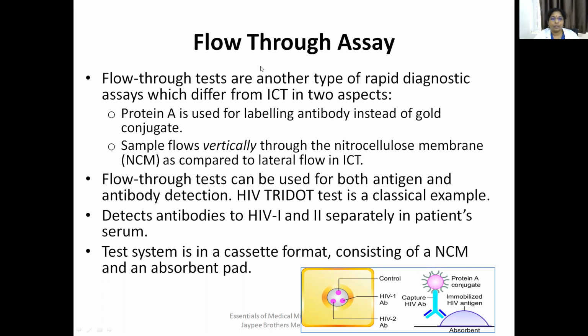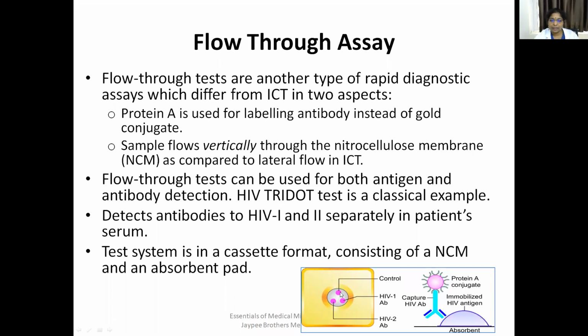Okay. So the flow-through assay tests are another type of rapid diagnostic test which differ from immunochromatography tests in two aspects. What is that? Protein A is used for labeling the antibody instead of gold conjugate, and the sample flows vertically down through the nitrocellulose membrane as compared to lateral flow in immunochromatography tests. And flow-through tests can be used for both antigen and antibody detection.